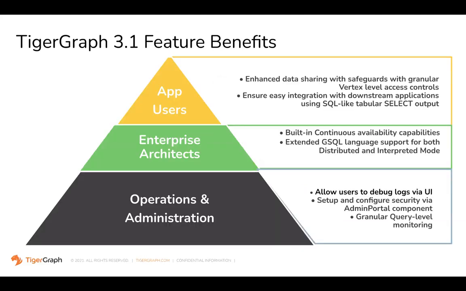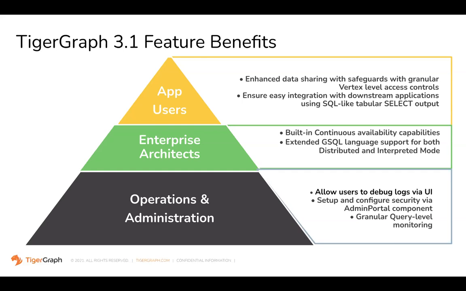And if you look at the benefits, as you can see, we didn't go for one particular set of users. We wanted to address the needs of all of our core constituencies, starting from the bottom, operations and administration, which is typically the operations staff. Operational excellence is for that core constituency, like allowing easier access to logs and easier configuration management.